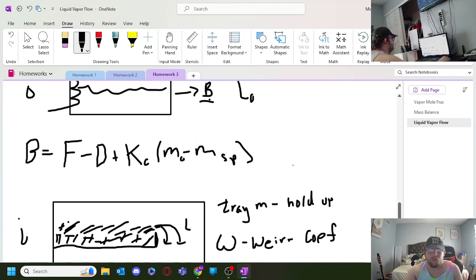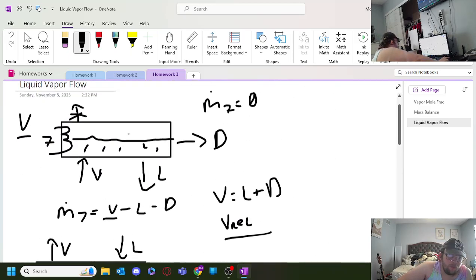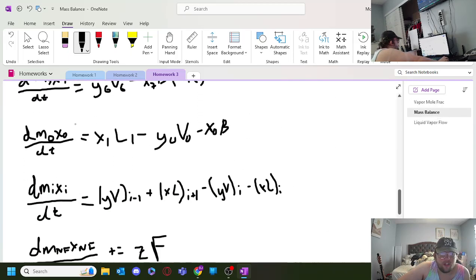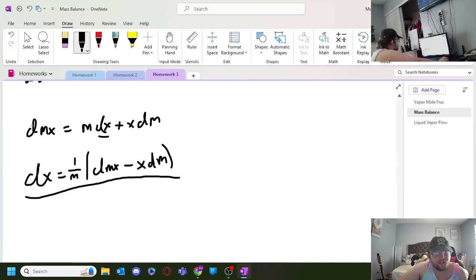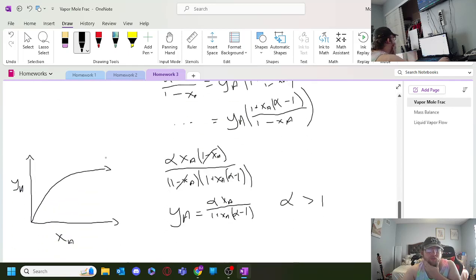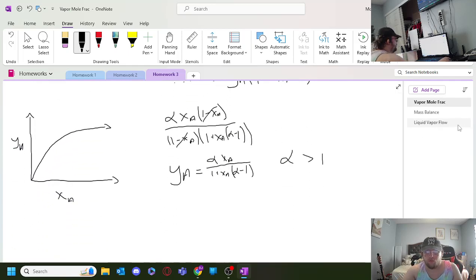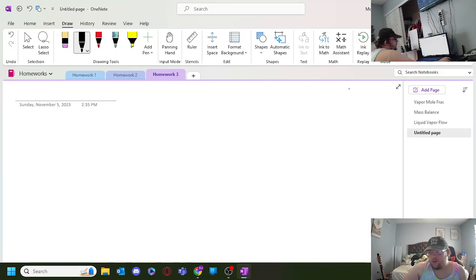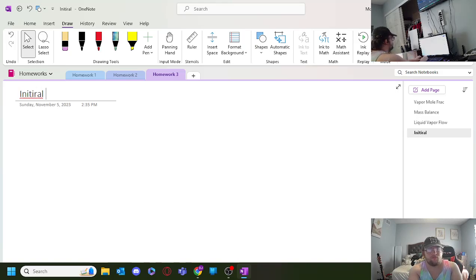So we got our vapor flows, we got our liquid flows, we got our mass balance, we got our DMX, our DX, our DMs, and we also got our function for vapor mole fraction. So the only thing we have left to do for this part is we just need to go through our initial conditions.